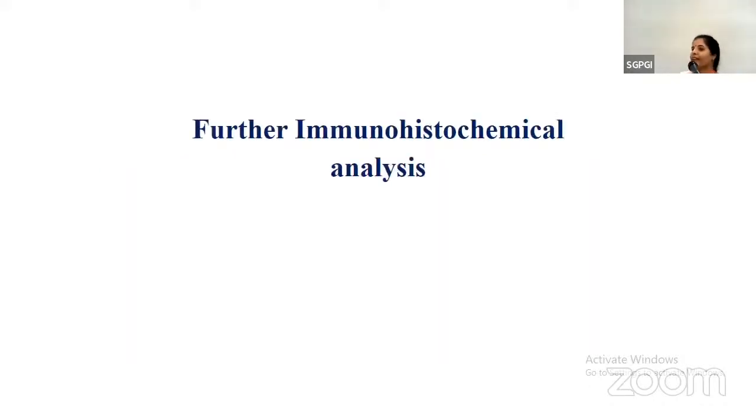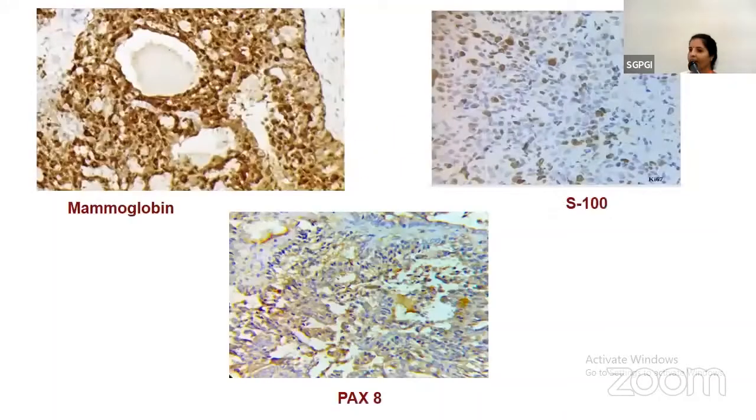So a further IHC panel was performed, and this was the panel which I went for, thinking about the prominent cribriform pattern and microcystic pattern. And to my surprise, these markers came out to be positive. The tumor was strongly positive for mammoglobin. S100 was also positive, and there was patchy positivity for PAX8.